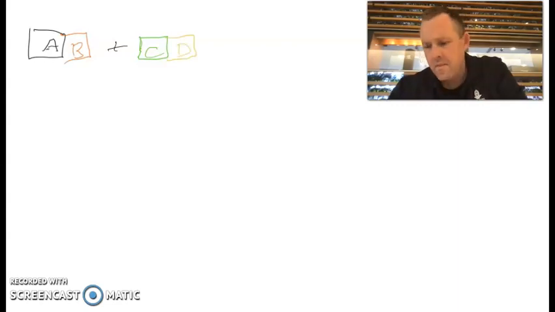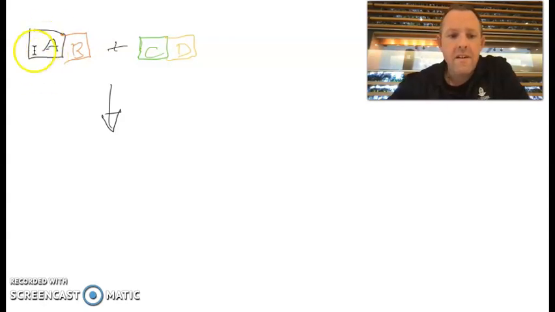Now, what's going to happen with this reaction is our anions and cations are going to swap which pairing they have. Normally I'd do this horizontally, but just the way it's set up, A and B are effectively going to swap.